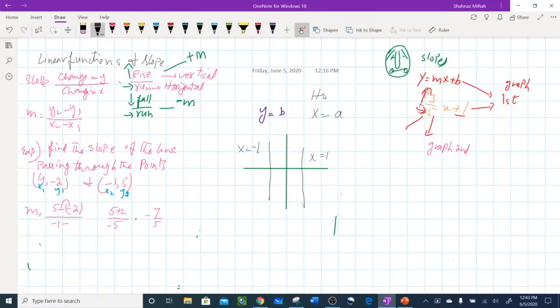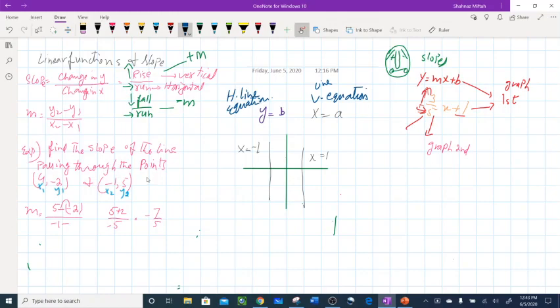That's my vertical line equation, and this one is my horizontal line equation. So if you want, you can write it down so you don't forget. Okay, what else do we need?